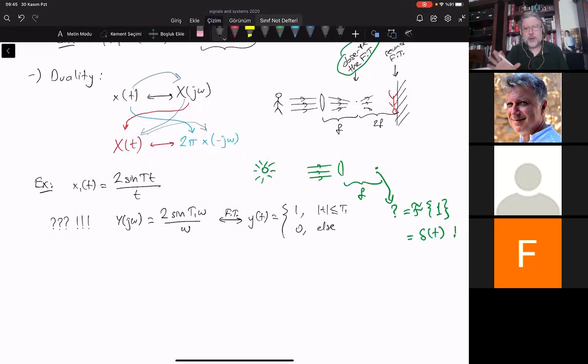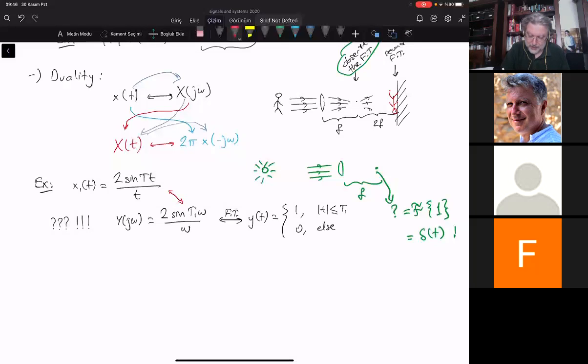So if this is y of t, then its Fourier transform will be this capital Y of j omega. So the signal that I am considering here is actually the time version of that.